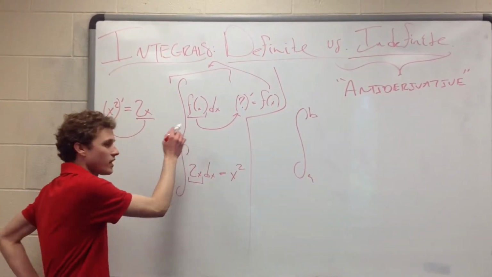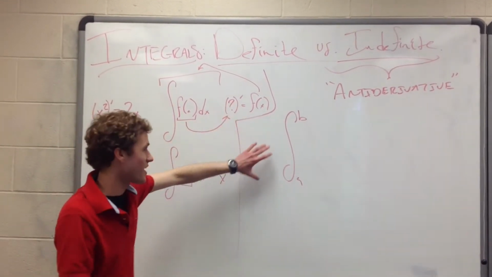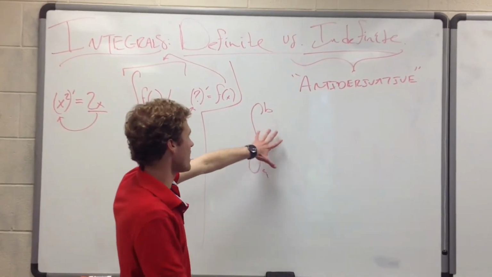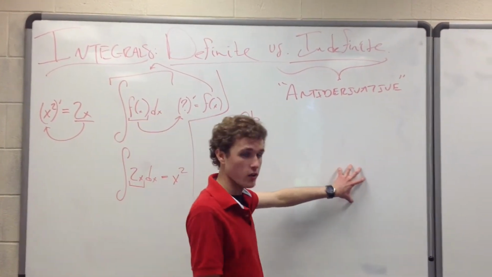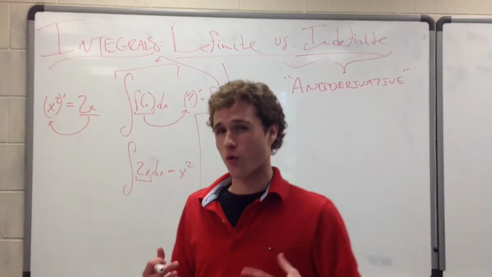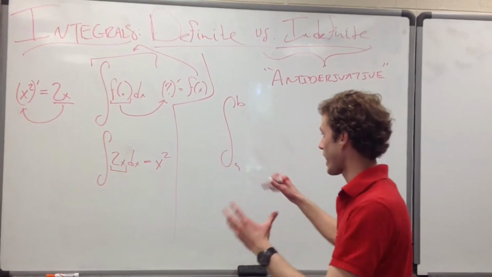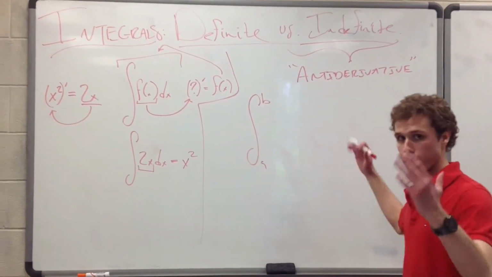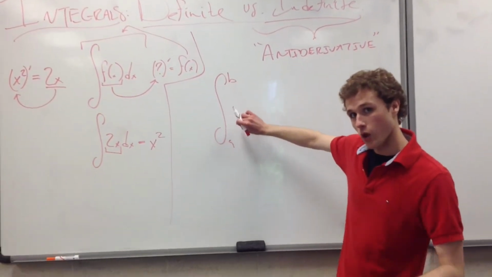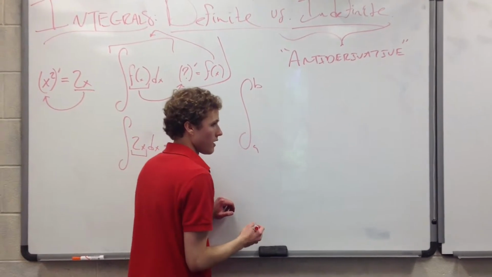But while indefinite integrals take functions and spit out other functions, definite integrals take functions and spit out values. What they're spitting out is not functions for area, but values for area, or if you get more complicated, functions that allow you to evaluate area over different endpoints.